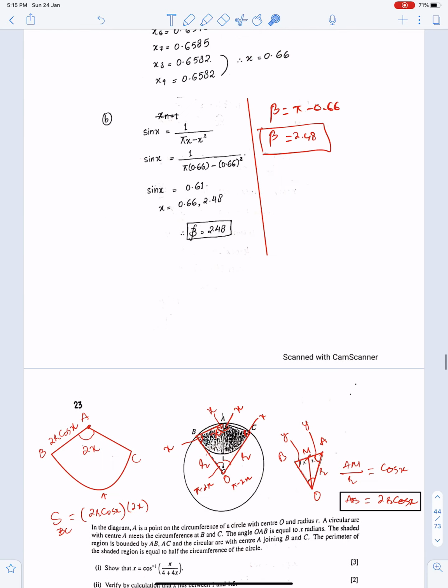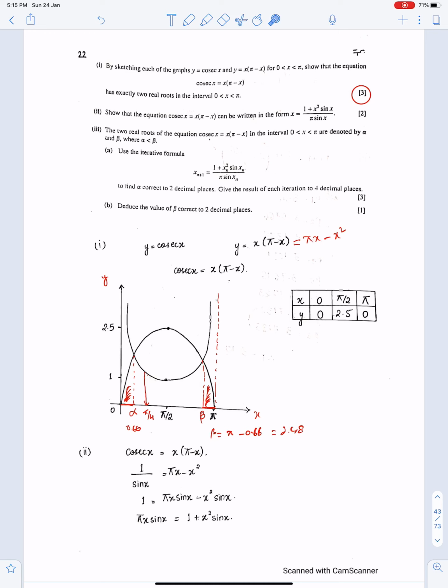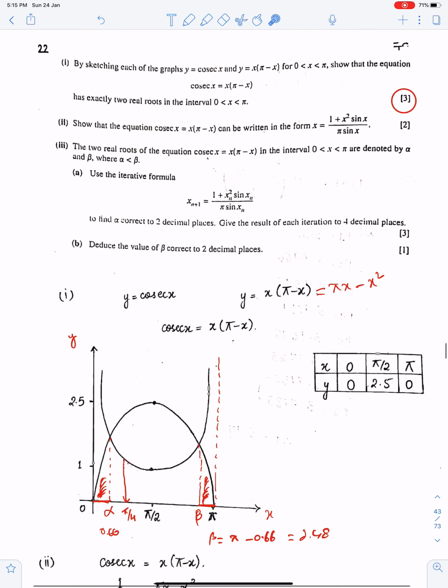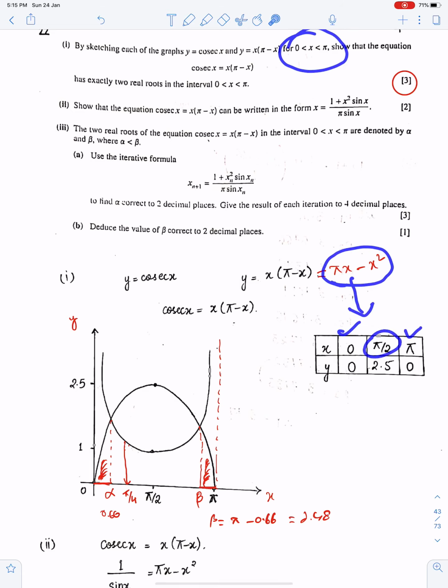Now the next question is question number 22. We have to sketch these two functions for this domain. This function is a quadratic function with a sad face, minus x square, and it's better to make a box for this function for this domain 0, pi and pi by 2.